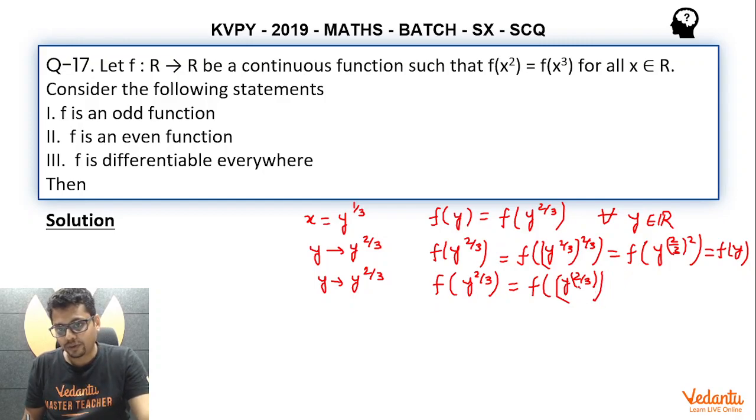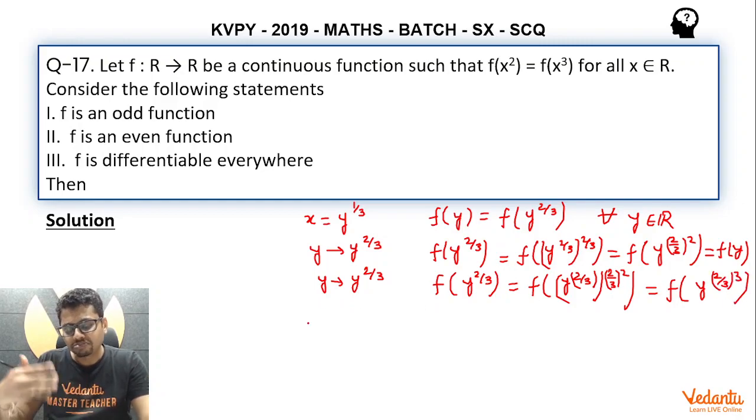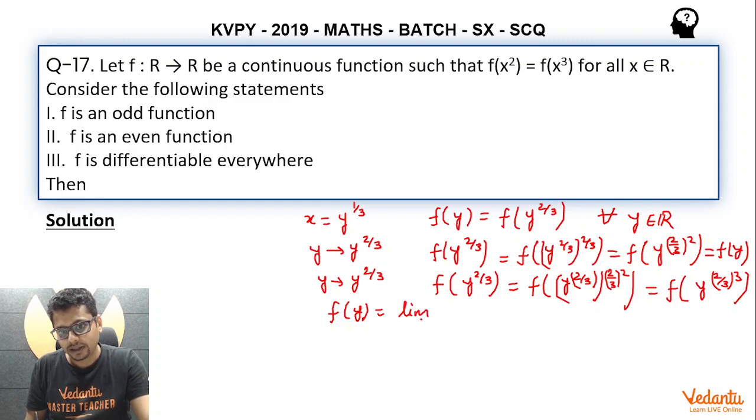As you put y as y to the power 2 by 3, it becomes f of y to the power 2 by 3 is equal to f of y to the power 2 by 3 whole to the power 2 by 3 square, which is f of y to the power 2 by 3 cube. So this will go on like this. So you may say f of y is equal to limit n tending to infinity f of y to the power 2 by 3 whole to the power n.